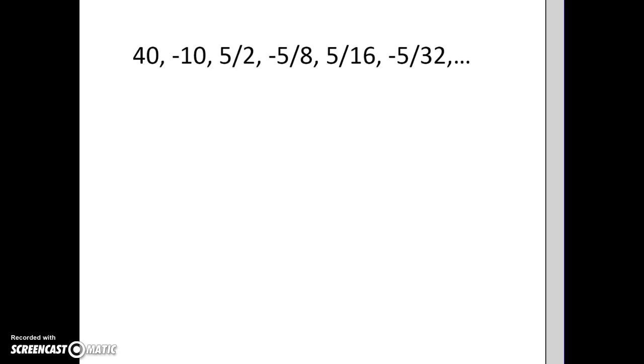One more. This one has a lot of fractions in it. And I know that a lot of you are not happy with fractions. It also has alternating negative signs in it. So let's check and see, does this work? Is there a number as a common ratio times 40 that equals negative 10?